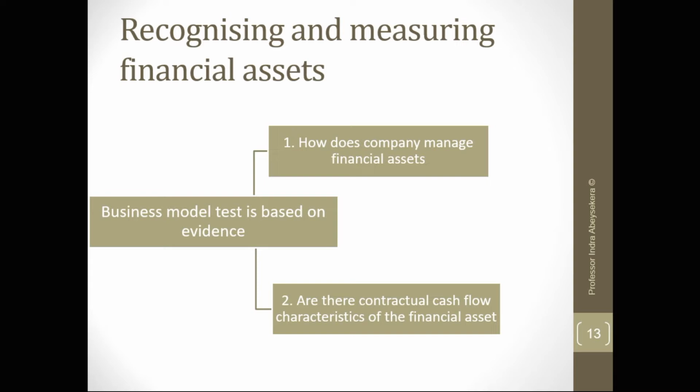One is, how does the company manage its financial assets? And second is, are there contractual cash flow characteristics of this given financial asset? So in choosing the technique, we use the business model test, but we must back it with evidence.